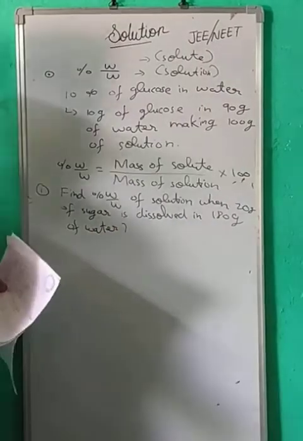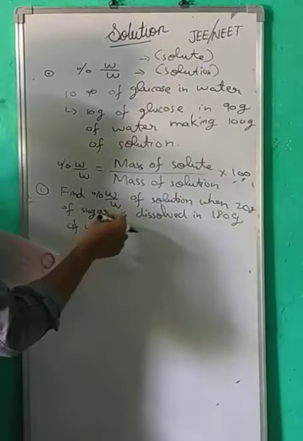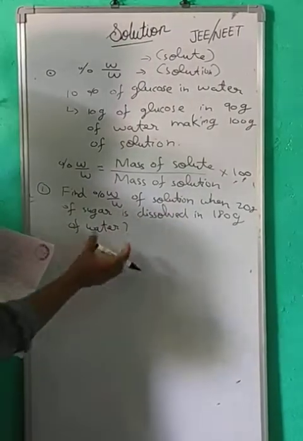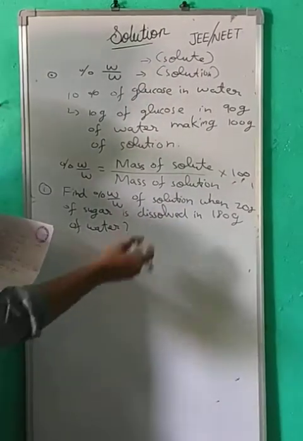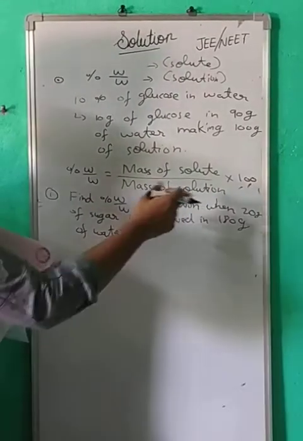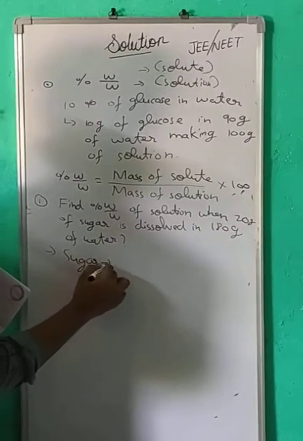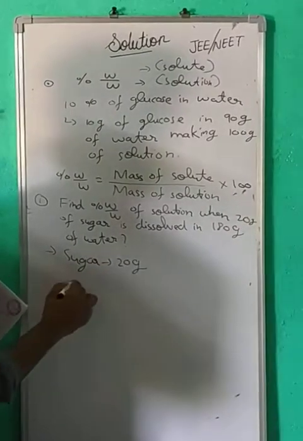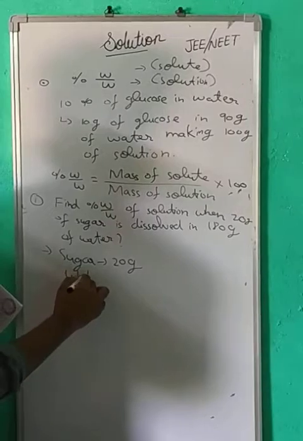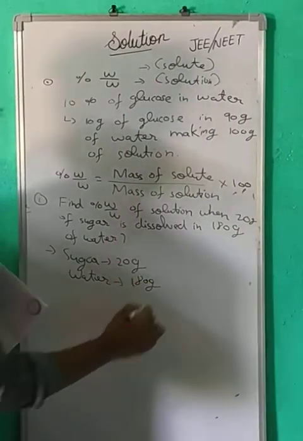So try this, students. Now 20 gram of sugar, 180 gram of water. So you can easily tell which one is the solute and which is the solvent. Here the solute is sugar, which has 20 gram mass, and water is our solvent, 180 gram.